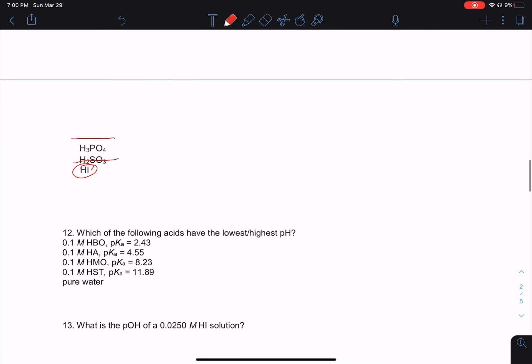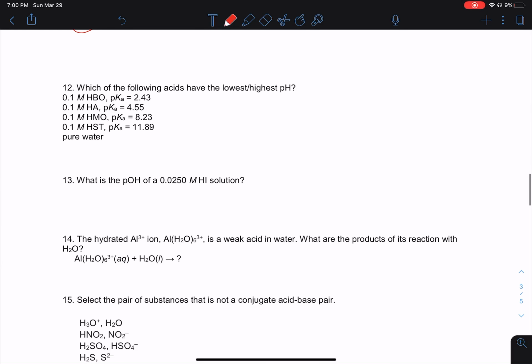Okay. And then number 12 is asking which of the following acids have the lowest and highest pH. The most important thing to remember is that the pKa value does not depend on molarity, so the molarity in this case is negligible.